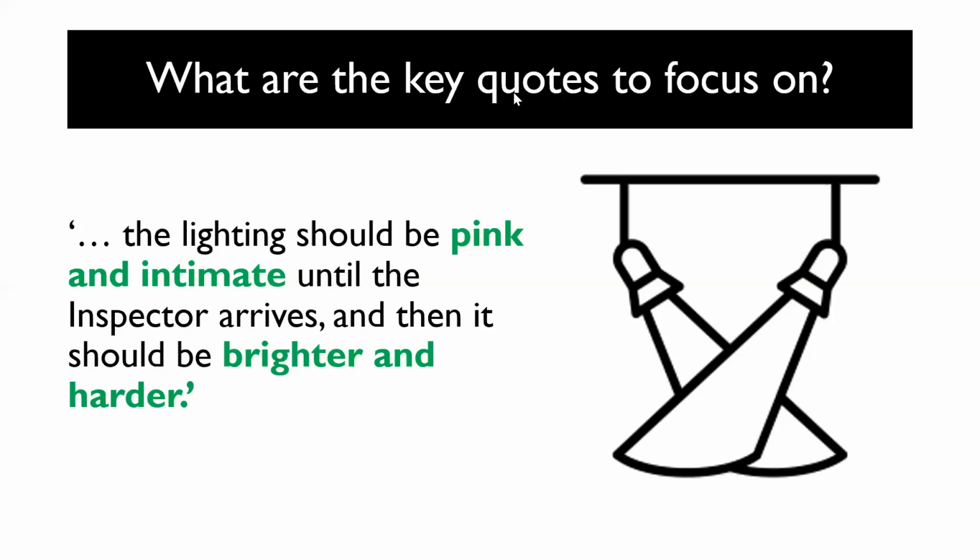So the inspector himself is quite a hard man, in that he waltzes in on the Birling family and trashes this intimate setting, and like you've already said, enlightens them and puts a spotlight on their wrongdoings and sheds light on the plight of the poor and things like that.